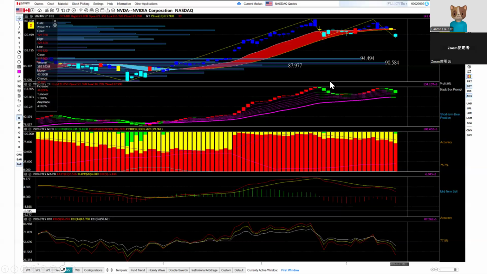That's why I usually skip panel two, because you know all the details basically just by observing panel one. Except that panel two does give you some early signal. For example, just a few days ago, you can see that the bull trend, the red candles over here on panel two, shifts from red to green, and that gives you a little bit of an early signal.